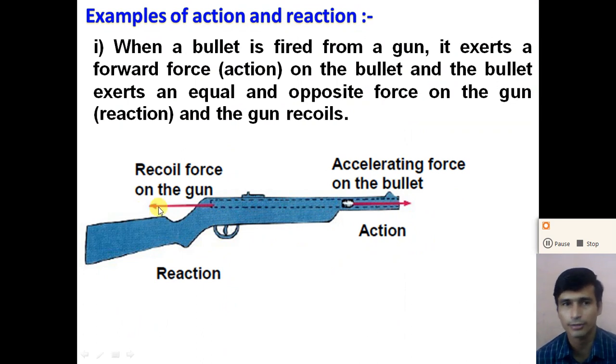According to Newton's third law of motion, action and reaction forces are always the same and in opposite directions. So when we fire a bullet from a gun, we experience a backward force in the form of the reaction force applied on the gun by the bullet.